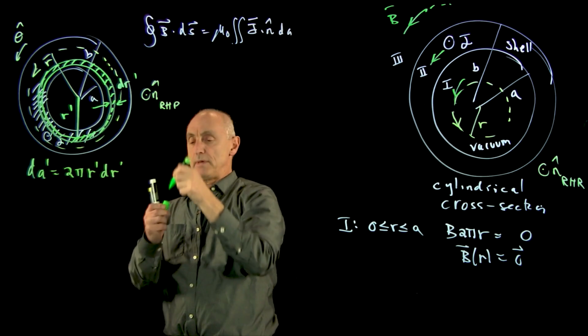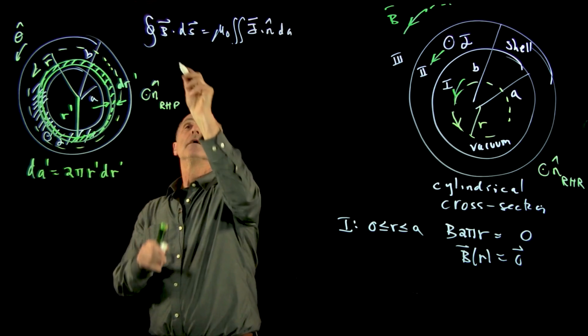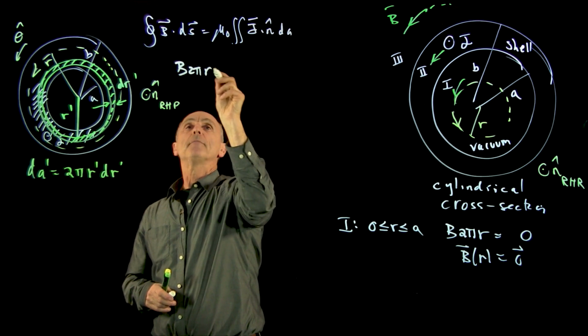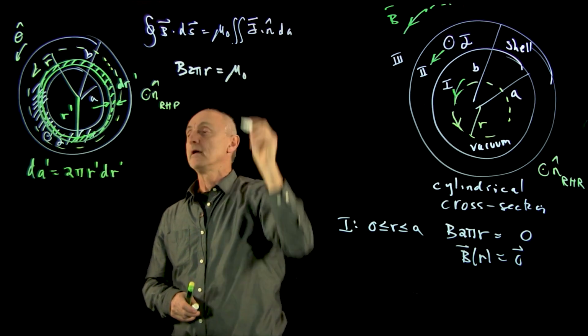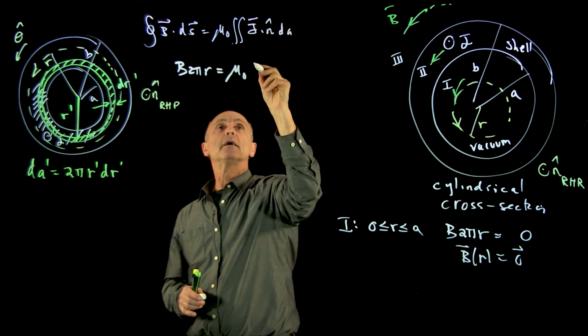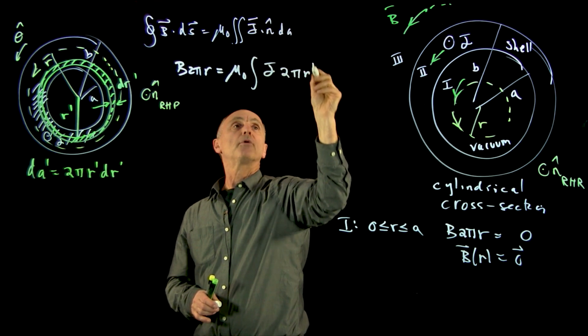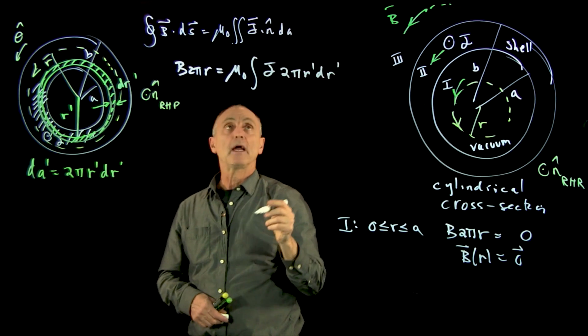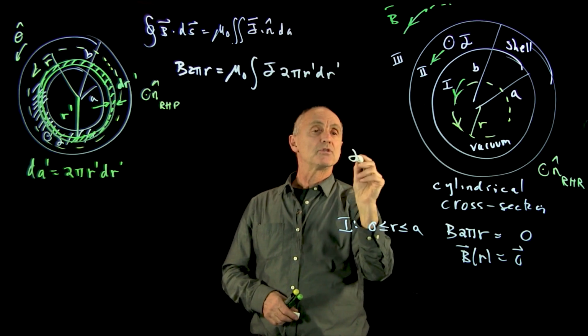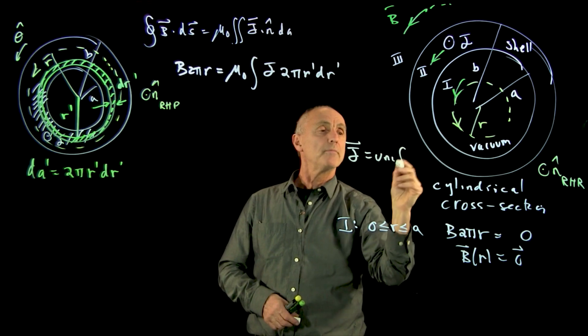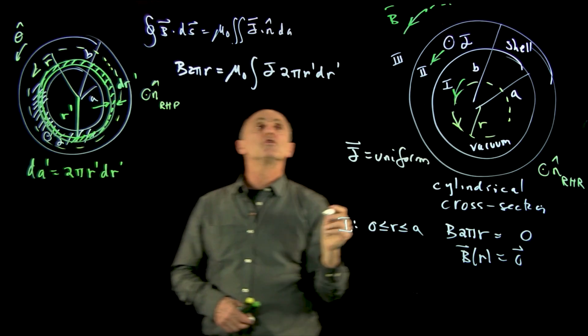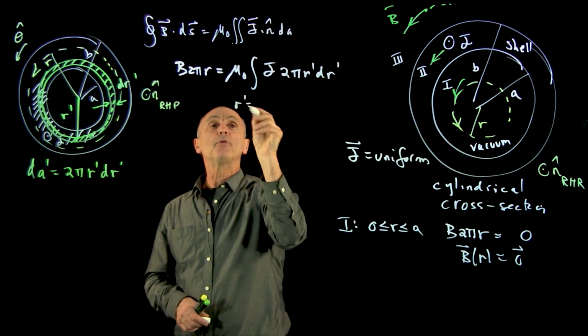And so I get B times 2 pi r equals mu naught. And now I'm integrating J times 2 pi r prime dr prime. And here, we didn't say this, but J is uniform. So what am I integrating r prime from?